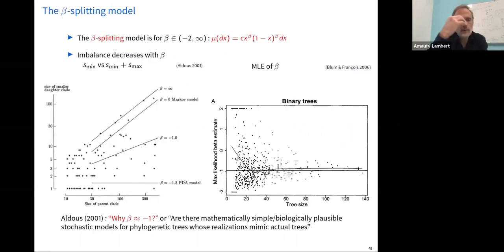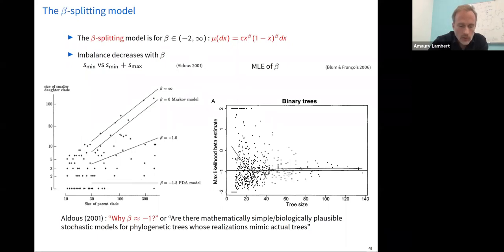And the nice thing is that when Aldous applied this model to real data, he parameterized the measure mu by the beta distribution, a symmetric density x to the beta, (1-x) to the beta, so that imbalance decreases with beta. He showed, and Blum and François a few years later, that the beta you estimate from empirical trees is not at all close to 0, as in the Yule tree or the Kingman coalescent, but is centered on -1.